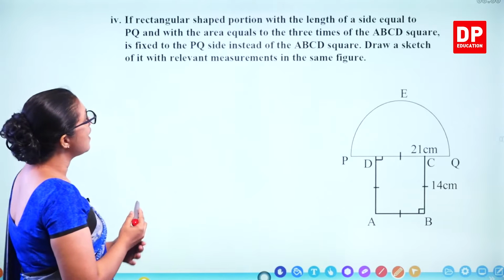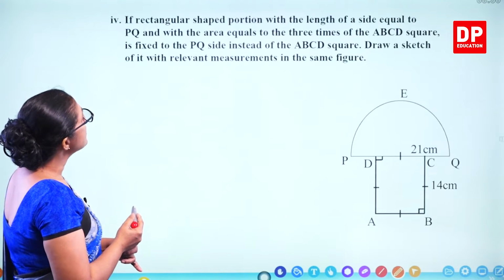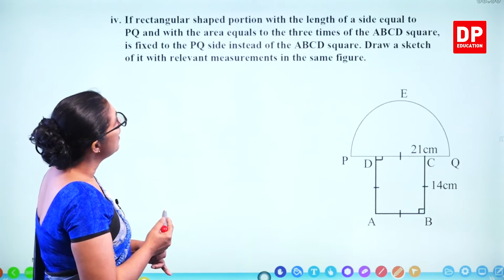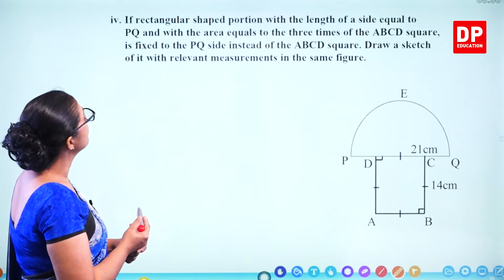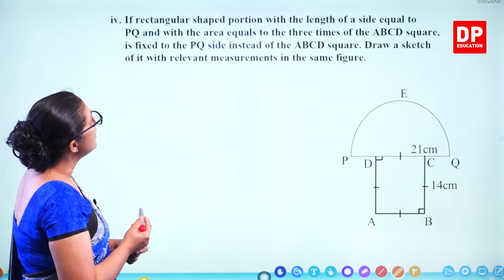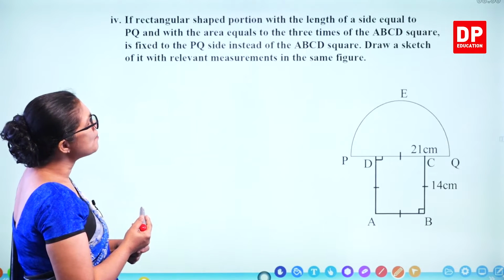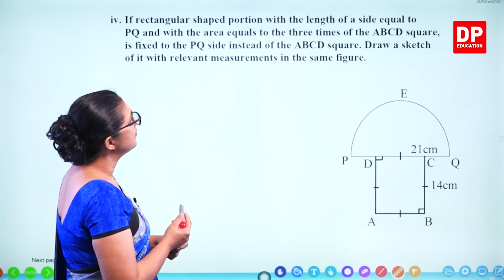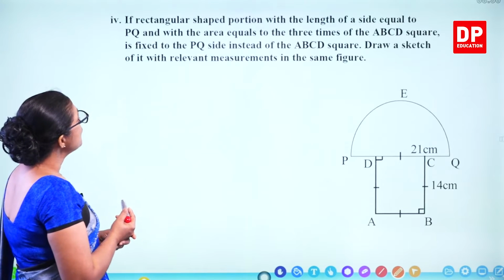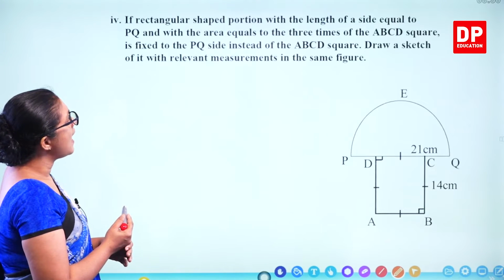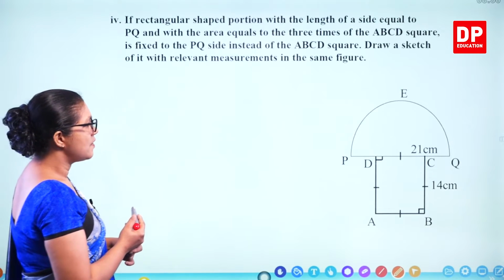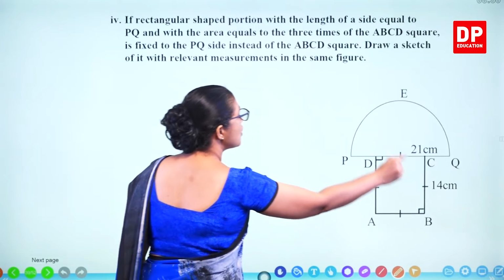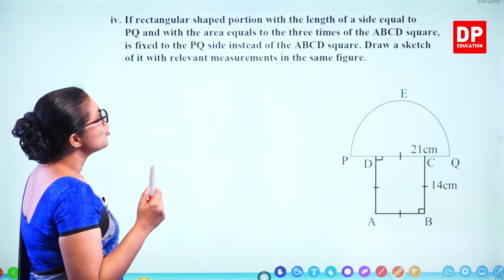Now we'll look at the last part. If a rectangular shaped portion with the length of side equal to PQ and with the area equal to 3 times the ABCD square is fixed to the PQ side instead of ABCD, instead of this one, they are attaching another shape.